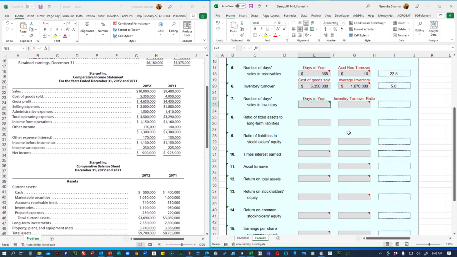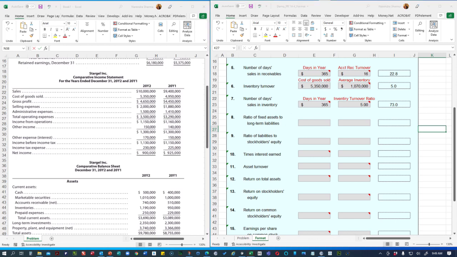Okay, so days in year is 365, and inventory turnover we just calculated to be 5. So we get number of days sales in inventory as 365 divided by 5, which is 73 days. Okay, so that is how we calculate that number 7 ratio.